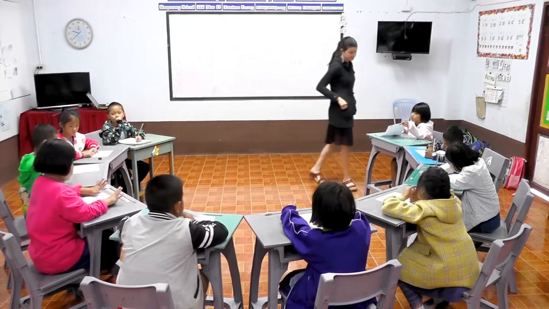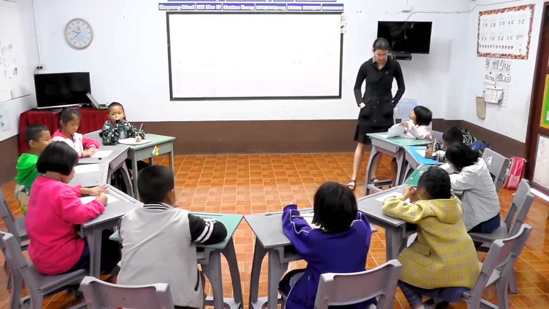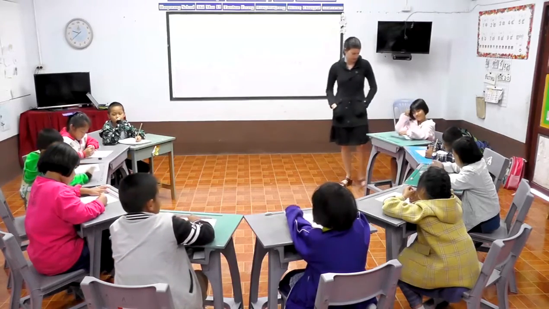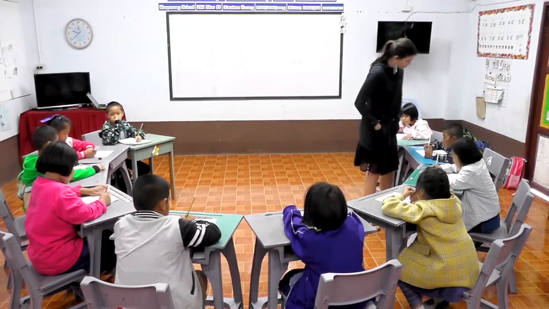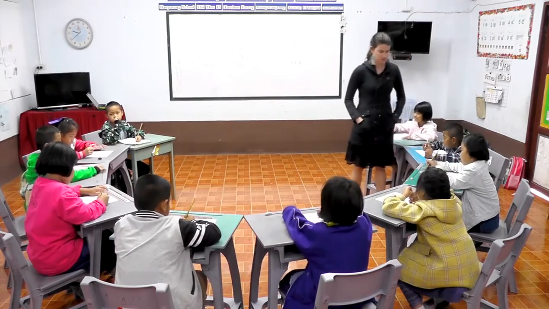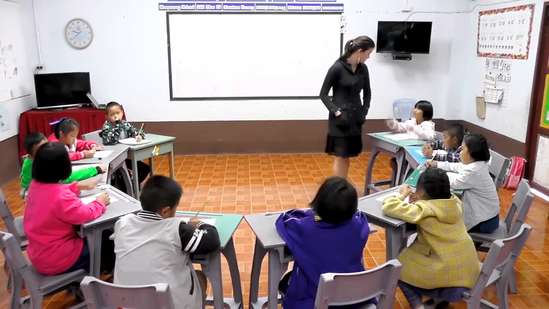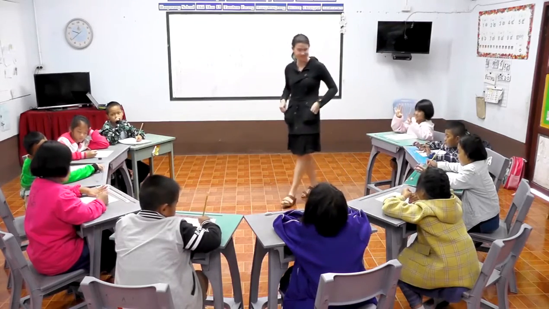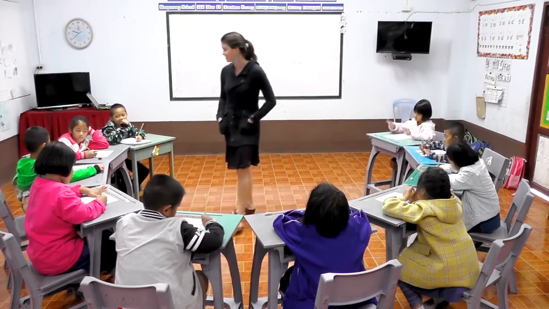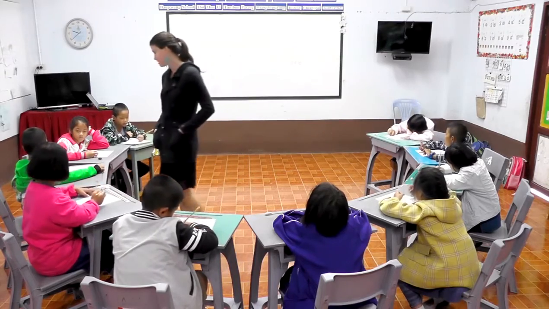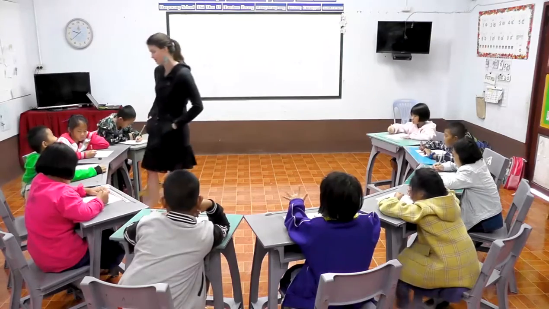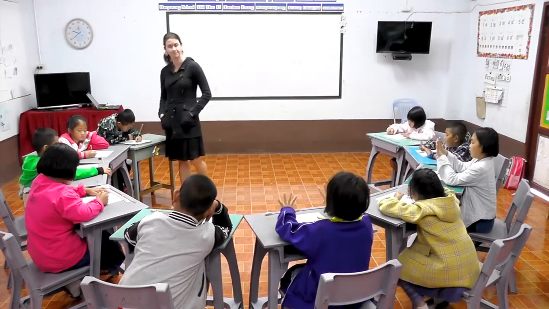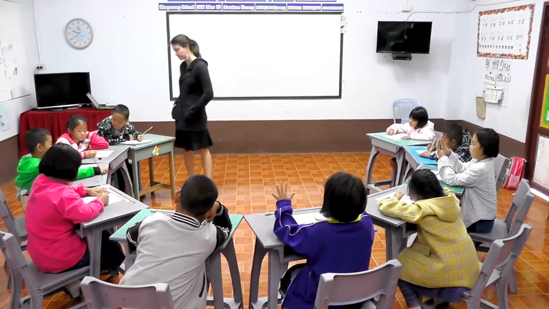Your own paper. 28. Yep. Very nice. Good job. You got it. How are you doing over here? 6 times 8. That's a tricky one. Yeah, we can do that on our fingers. What's 2 times 7? 1 times 7 equals 7.